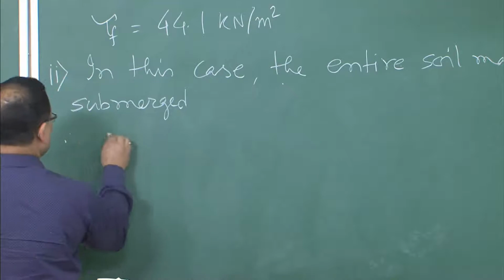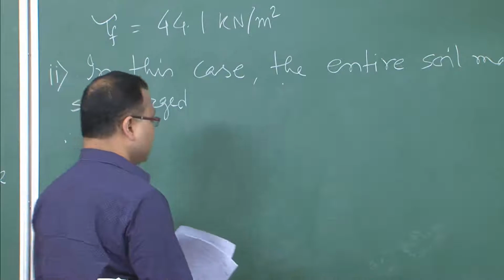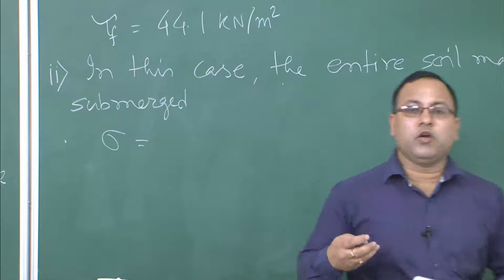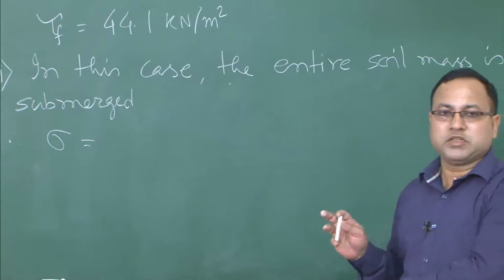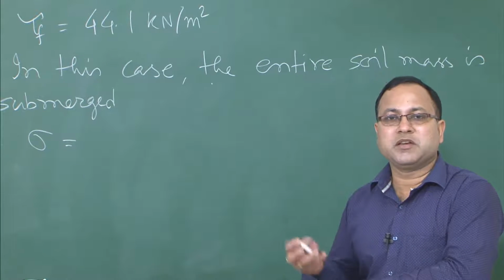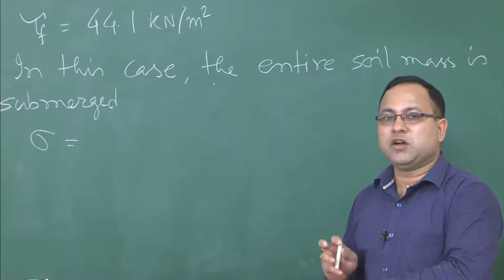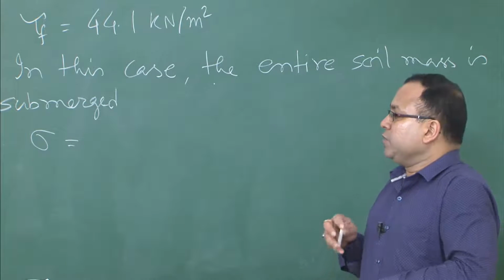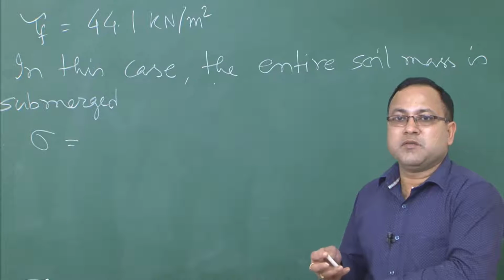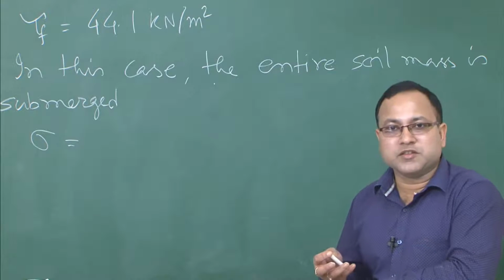Therefore, sigma, now I need to calculate only, so phi is not going to change, because that is a property, the angle of internal friction of the soil, that is not going to change. Only variation you will be observing is in the normal stress distribution, right.